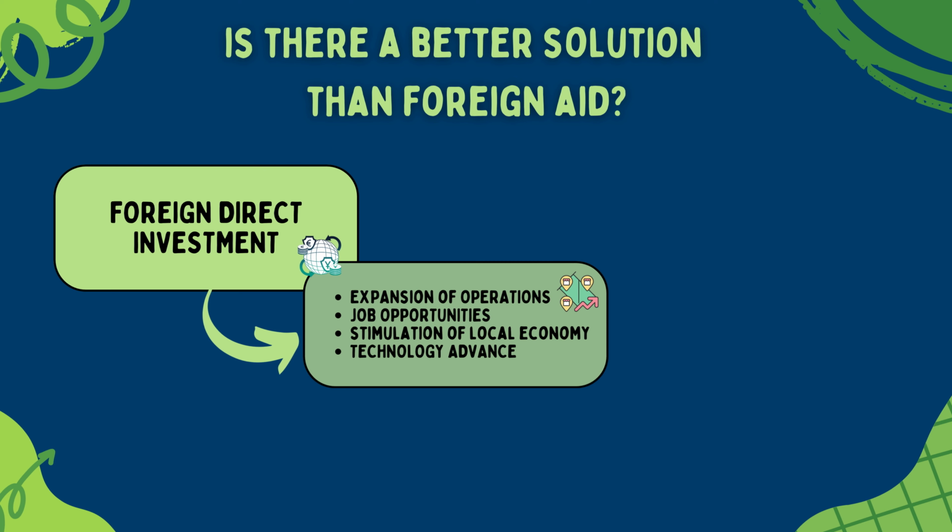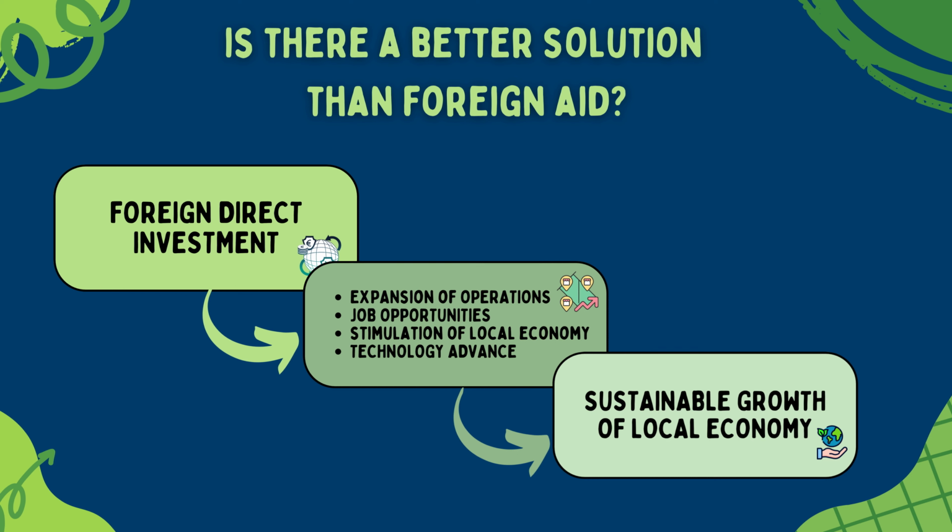Then they stimulate the local economy by increasing demand for goods and services from suppliers in recipient countries, because they require input from locals, which leads to increased demand. While aid can provide short-term relief, foreign direct investment offers a pathway to sustainable economic growth. By embracing private investment and nurturing internal trade, we encourage developing countries to chart their own course toward progress.